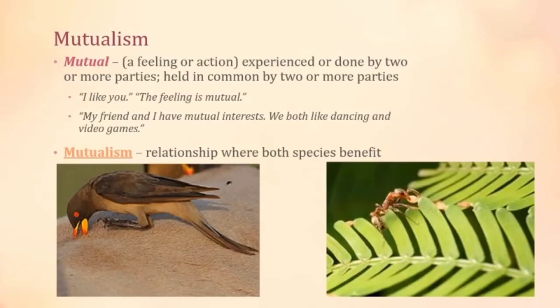And lastly, the relationship known as mutualism. In this relationship, both organisms, bacteria and host, benefit. In short, it is an association between organisms of two different species in which each benefits.